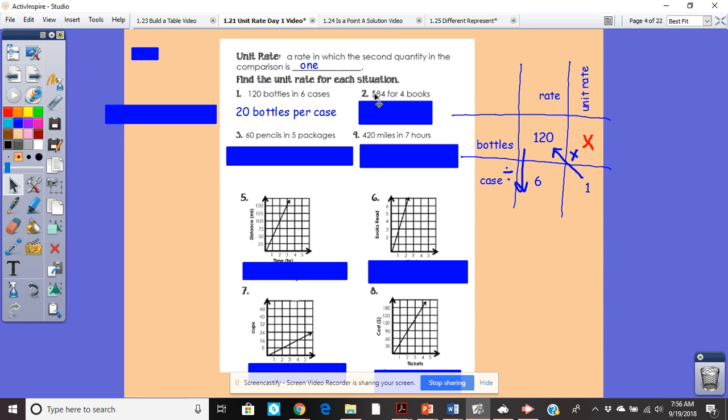The other thing you can do is you can put your unit rate, or the object that you want as your unit rate, on the bottom of a fraction. So for here, I've got $84 for 4 books. Money is going to usually be on the top. That is usually your dependent variable.